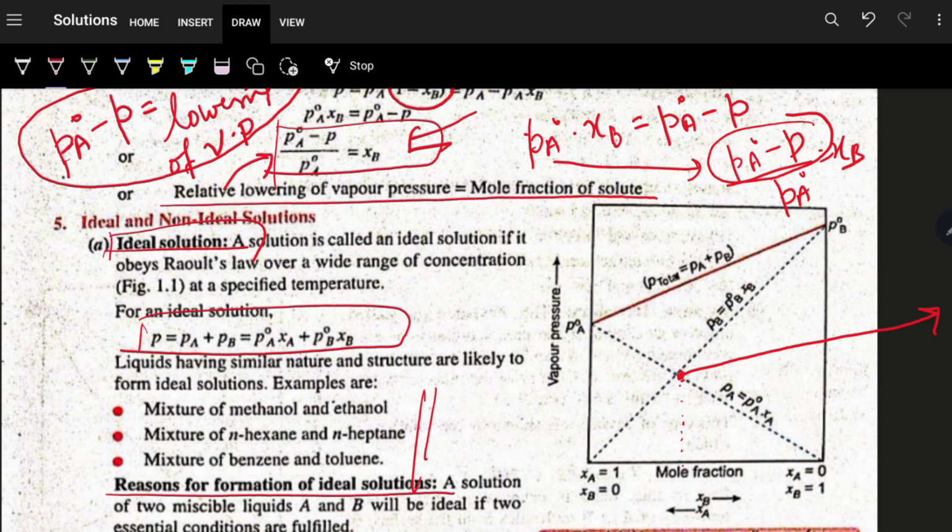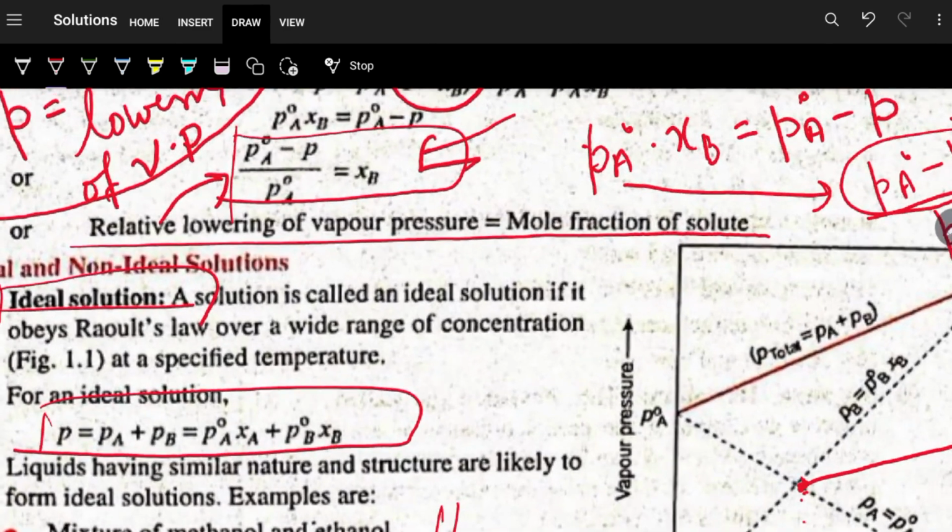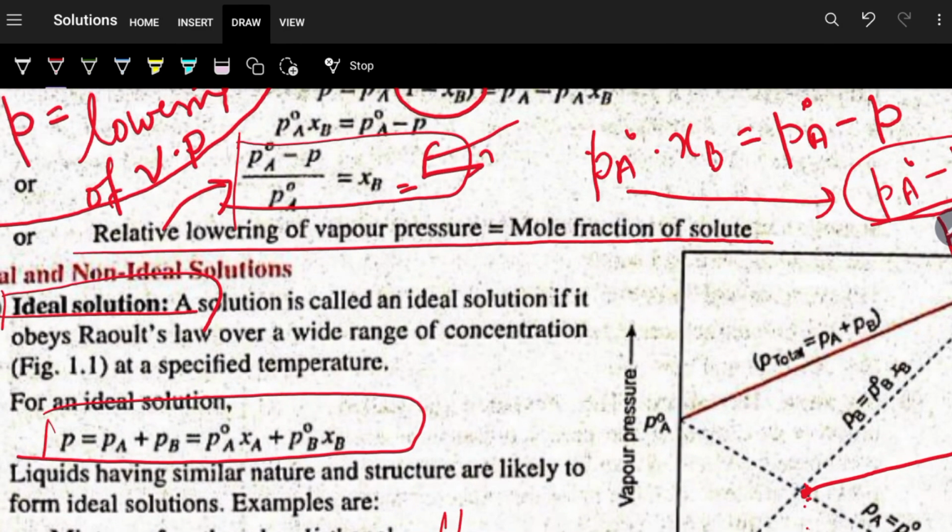We can see over here. There will be various calculations related to this, substituting the value of mole fraction, because we know mole fraction of B can be considered as NB upon NA plus NB, that is total number of moles of A and B.